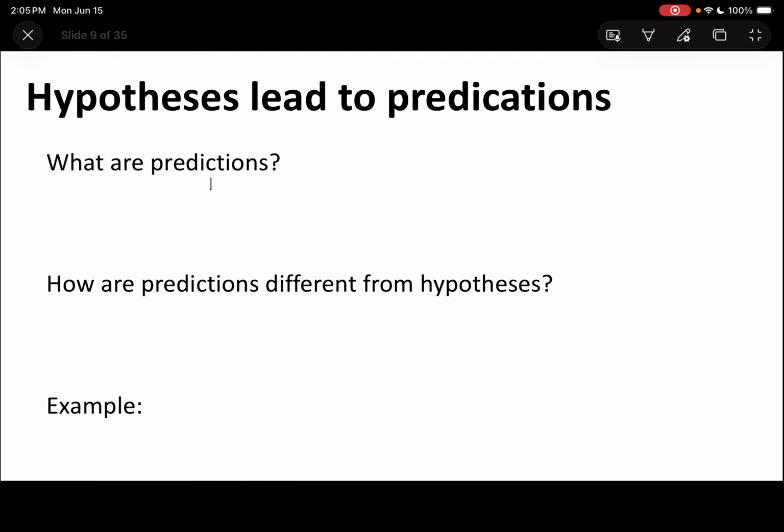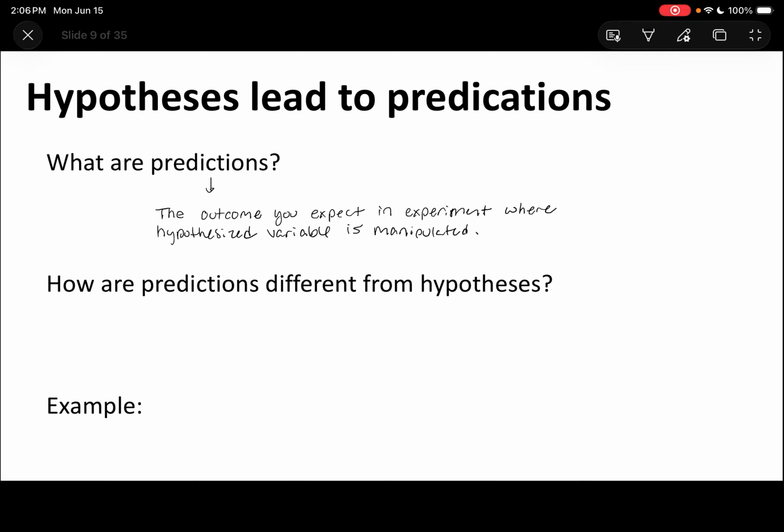A prediction is the outcome. Okay, so the prediction is an expected outcome.